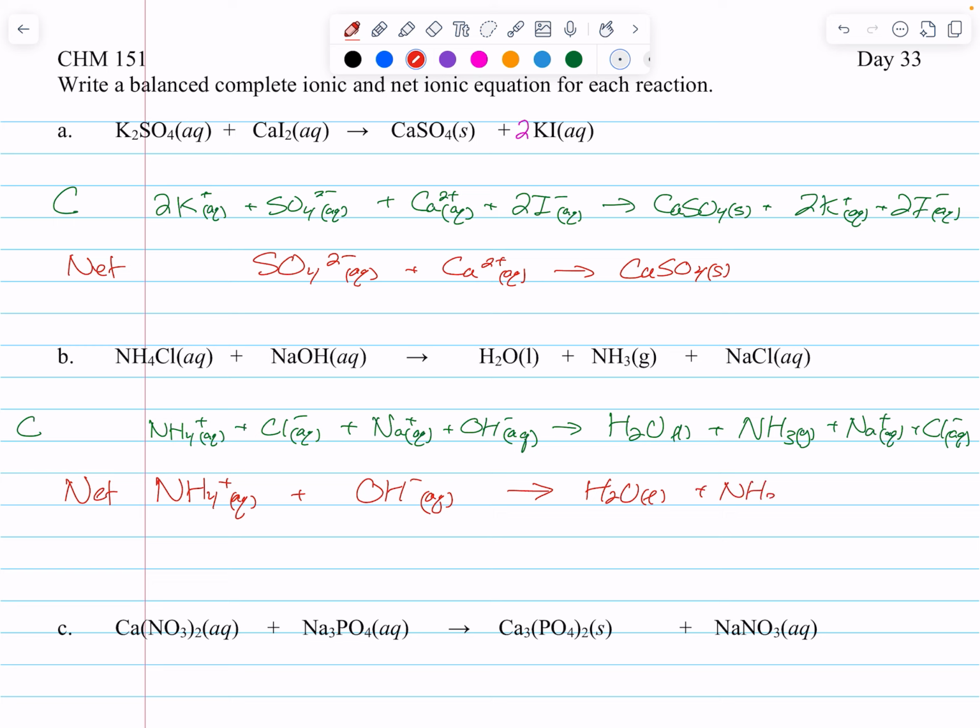Ammonia, we don't have on both sides. And that's it. So the spectators were chloride and sodium. And so the actual reaction is ammonium, hydroxide, water, and ammonia. All right.